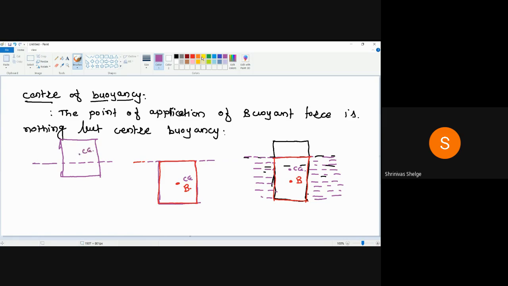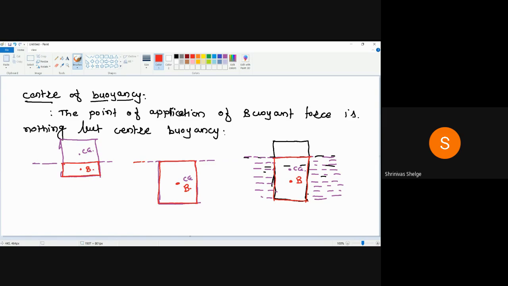Now just find out the submerged portion. I will show it again in red color. So this is the submerged portion, and the CG of the submerged portion is the location of the center of buoyancy. So the CG of this red portion is nothing but the center of buoyancy.